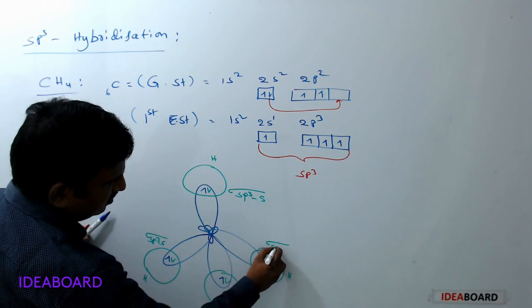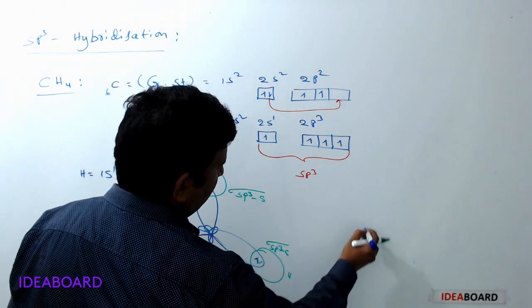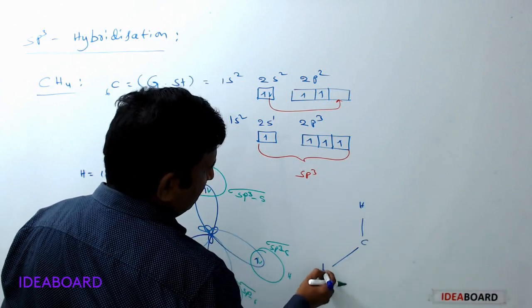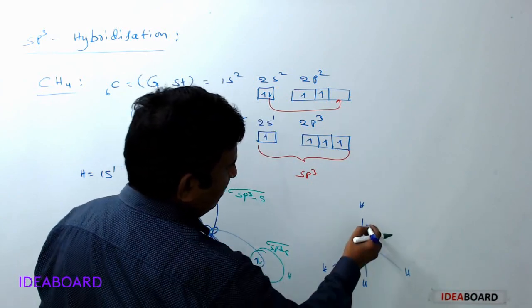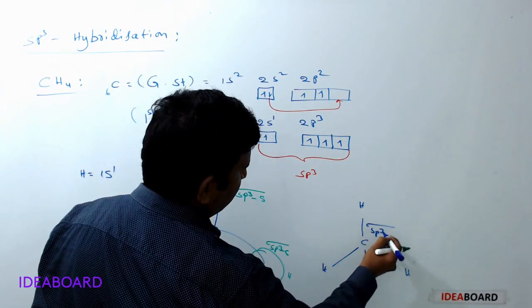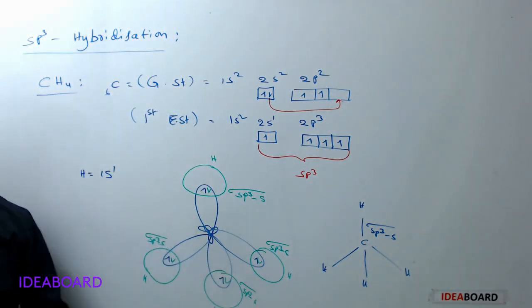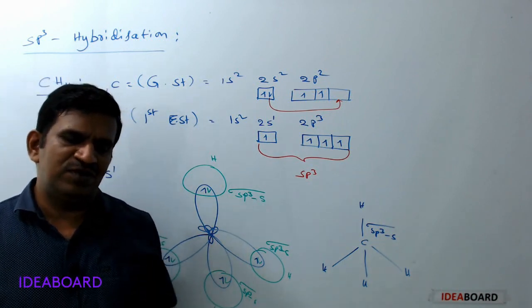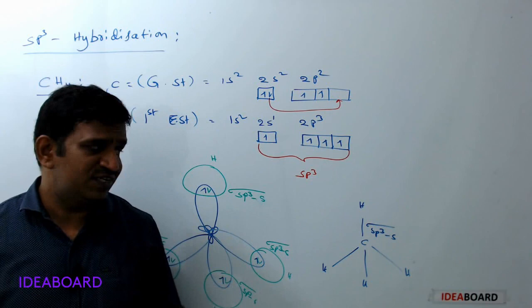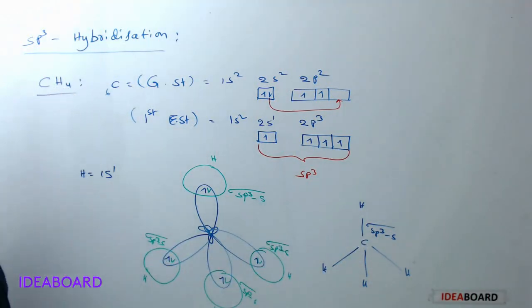In this way a carbon atom is bonded with 4 hydrogens, and all have sigma sp3 s bonds, only one type of bond. But in valence bond theory we got different types: one s-s bond and three s-p bonds, but here all are sigma sp3 s bonds. All are equal types of bonds. So this is the CH4 molecule formation.